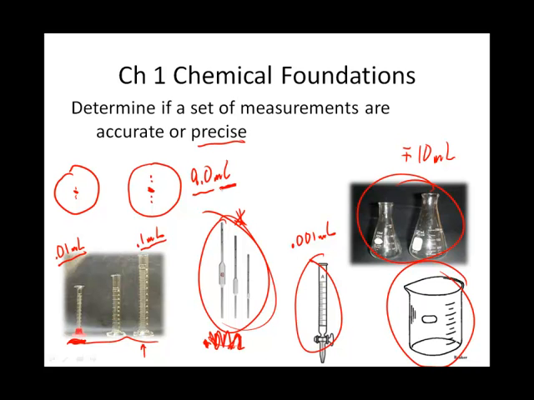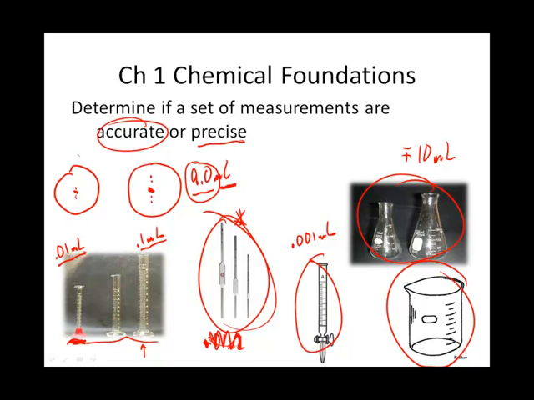So those are the first two things we want to look at in a measurement. And the third thing we want to consider is how precise that measurement is. And that precision is indicated by the number of significant digits. The whole reason we consider significant digits is to keep track of how precise the instruments were that made the measurements.